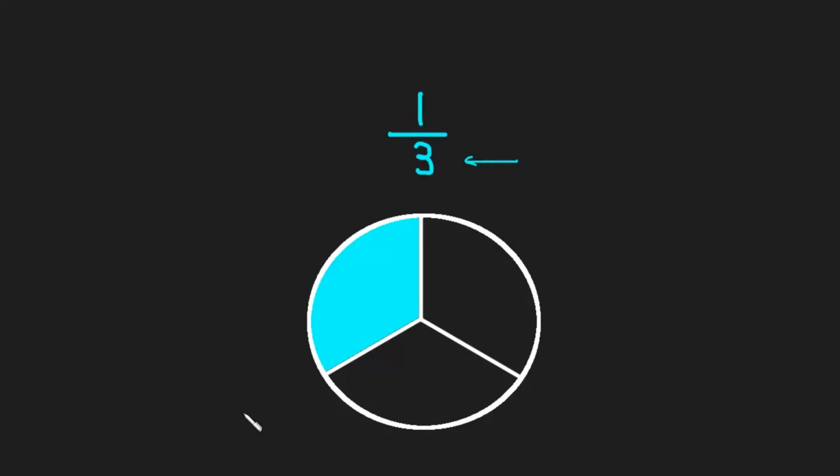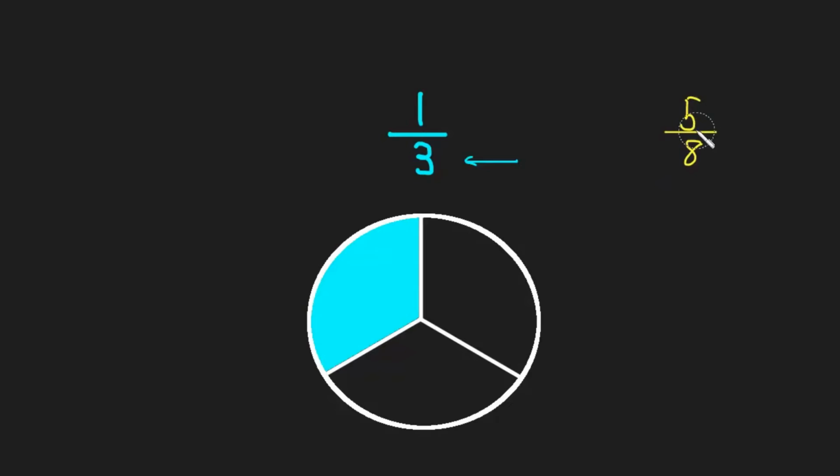And you can do this for any numbers. You could cut a pie, for instance, into 8 pieces. So you could have 5 out of 8 pieces. So this would be a pie cut into 8 equal pieces, and you would have 5 of them. And again, you could do that with any 2 numbers.